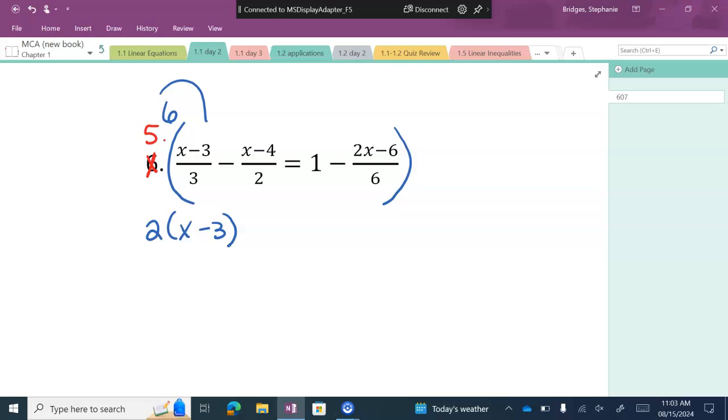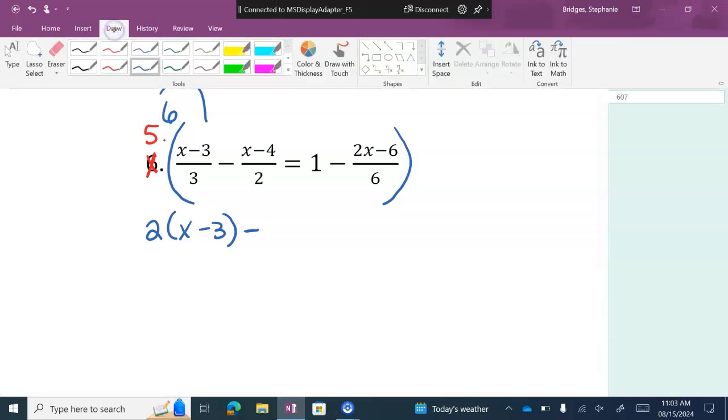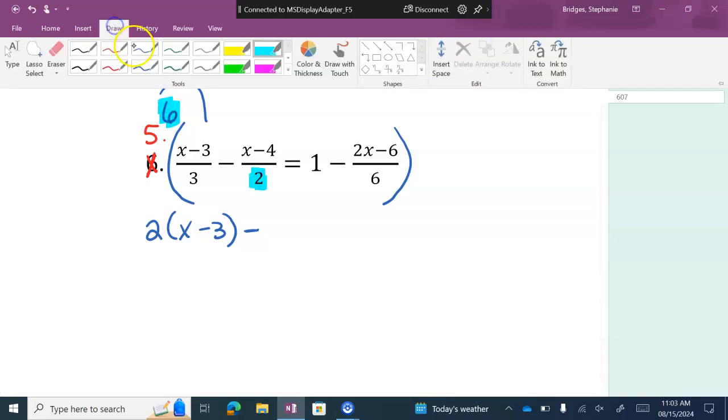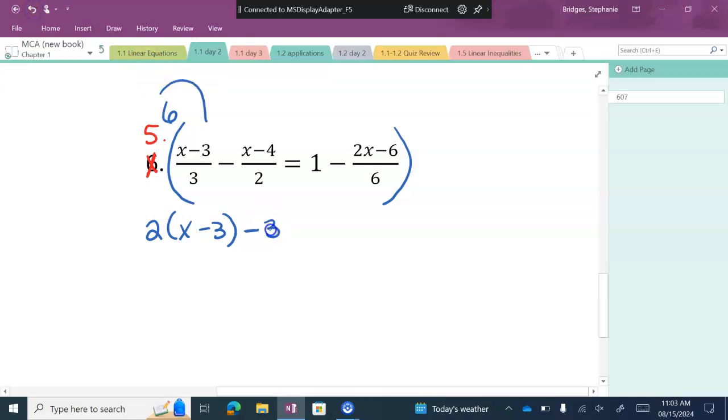What comes next? Before the next fraction, what's next? What's after that first fraction? A subtraction sign. So I'm going to go ahead and bring that down. And then I'm going to do the same process again. But this time I want to know how many times does 2 divide into 6? 3. Okay. So I'm going to put 3, but then that 3 has to get multiplied by x minus 4.